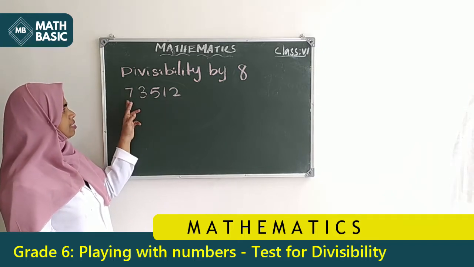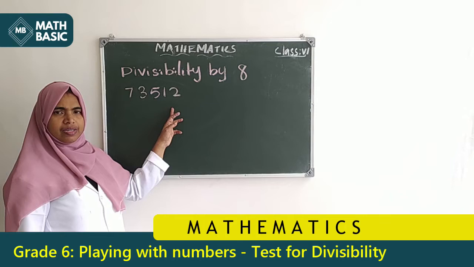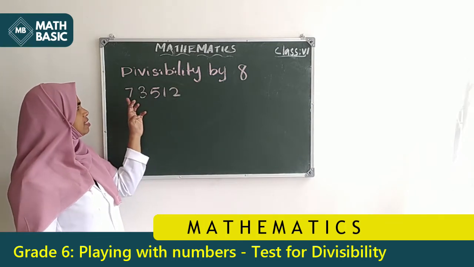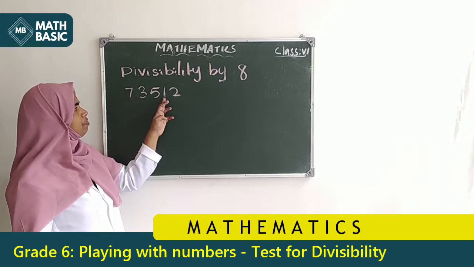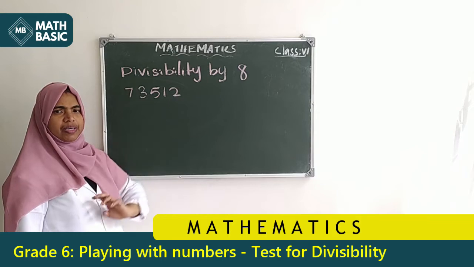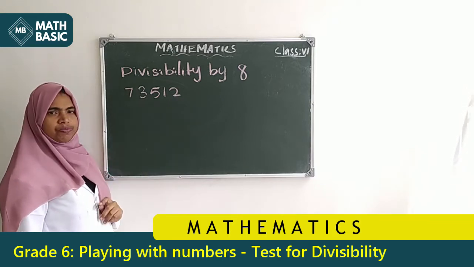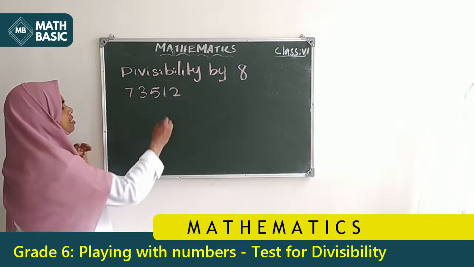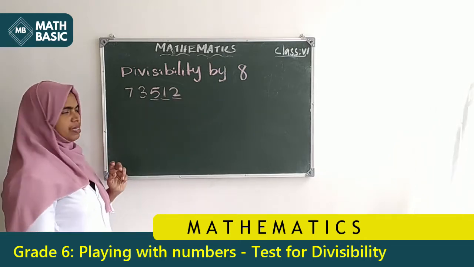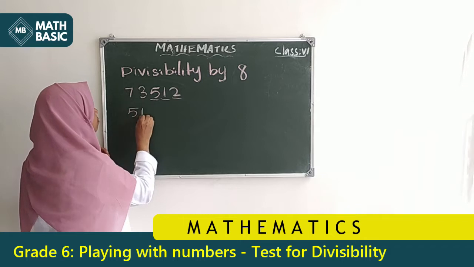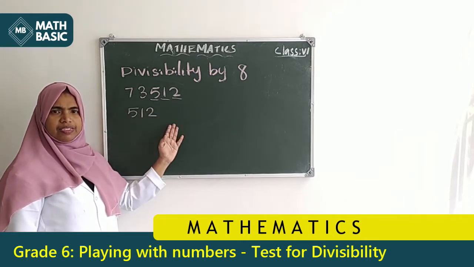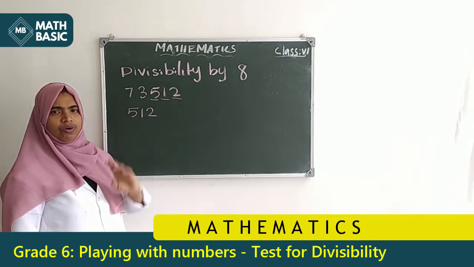This is a 5 digit number. Check whether the number is divisible by 8 without dividing the whole number. See the ones, tens and hundreds place digits. This is 512. Check whether 512 is divisible by 8 or not.